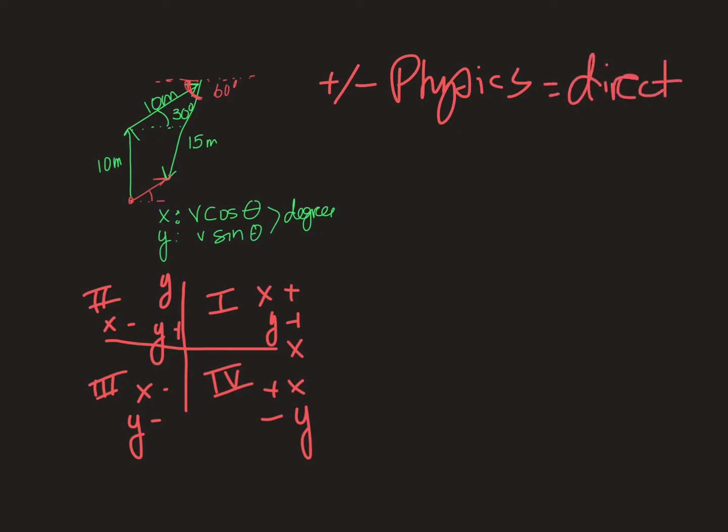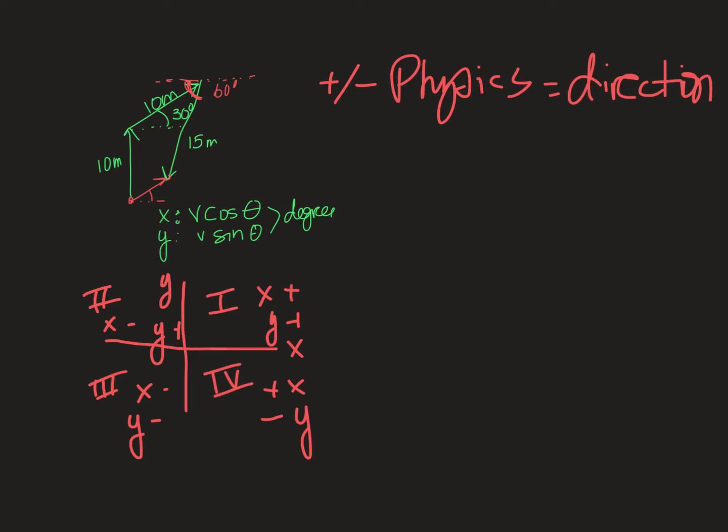So if you defined left as the positive direction, you would make everything on this side a positive x, and this would be a negative x. You have the power. You do not have to be following this.